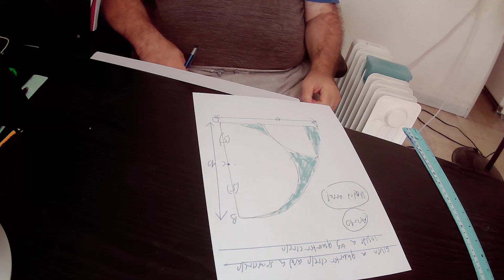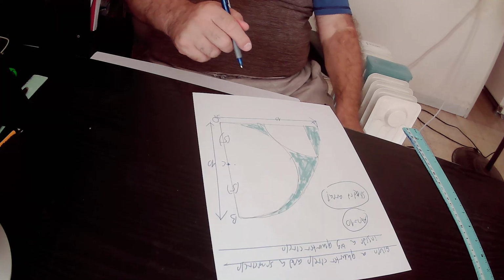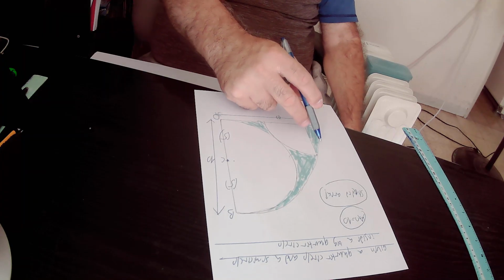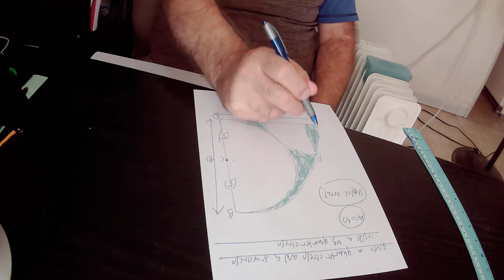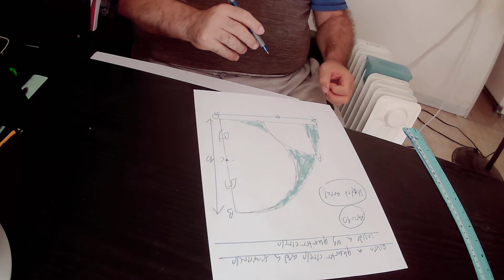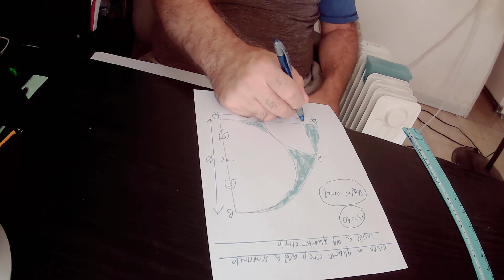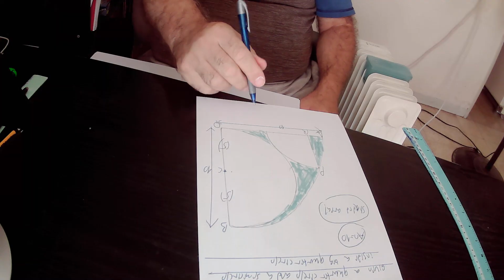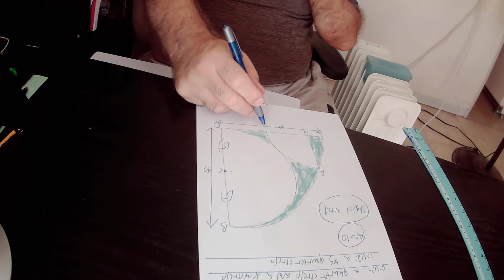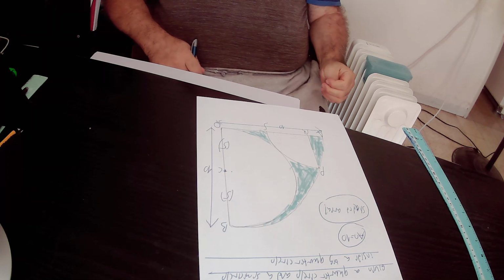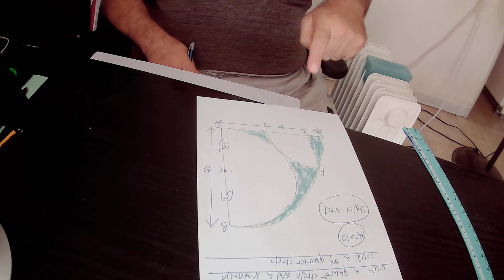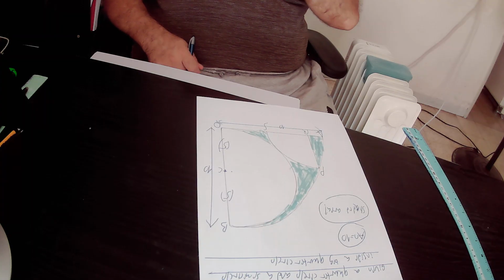In the next step, we define the touching point of this small quarter circle with this big quarter circle. This point is point P. We define this point as point Q, and this point as point S. We define the radius of this small quarter circle as x.